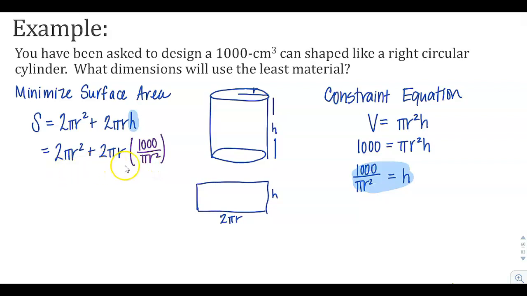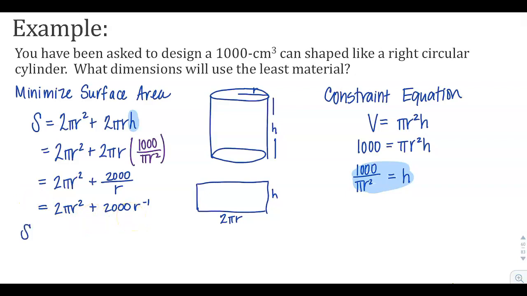So now I want to simplify this, so I end up with 2 pi r squared plus 2,000. The pi's will cancel and an r will cancel, so 2,000 over r. Now that's all in the same variable. I want to be able to take its derivative, so before I do that, I'm going to do one more thing. I'm going to write 2 pi r squared plus 2,000 r to the negative 1. So I can apply the power rule to take the derivative.